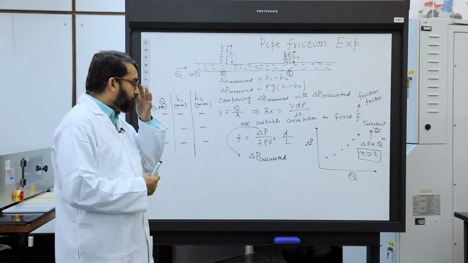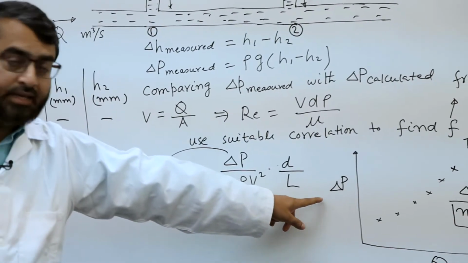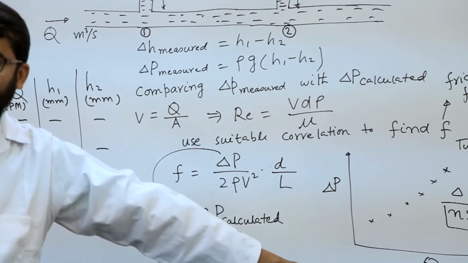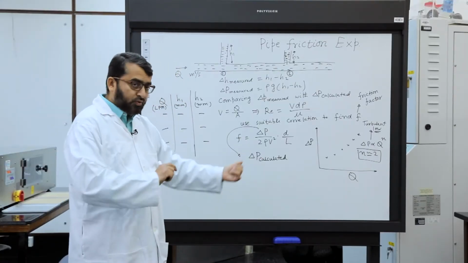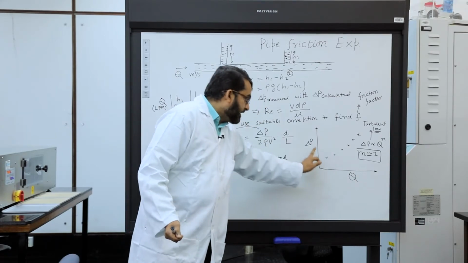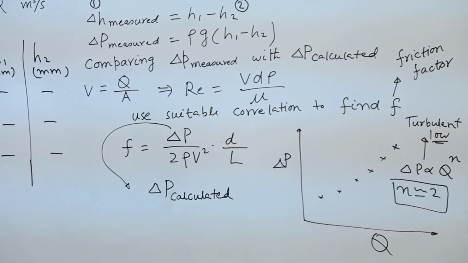The next job is to see how delta P is affected when we change the flow rate. As we expect, when we increase the flow rate Q, delta P will increase because we will have more friction.